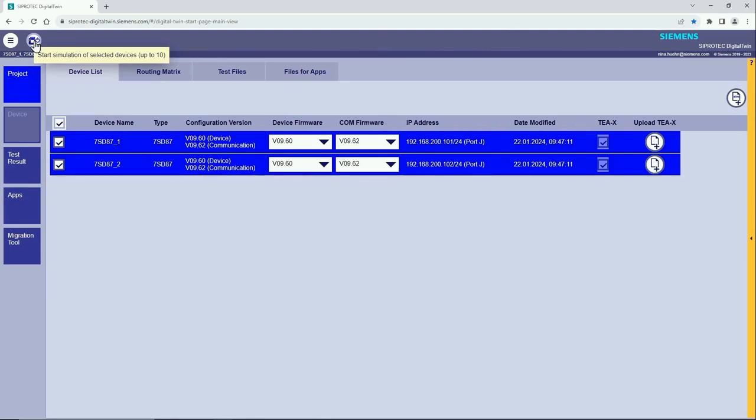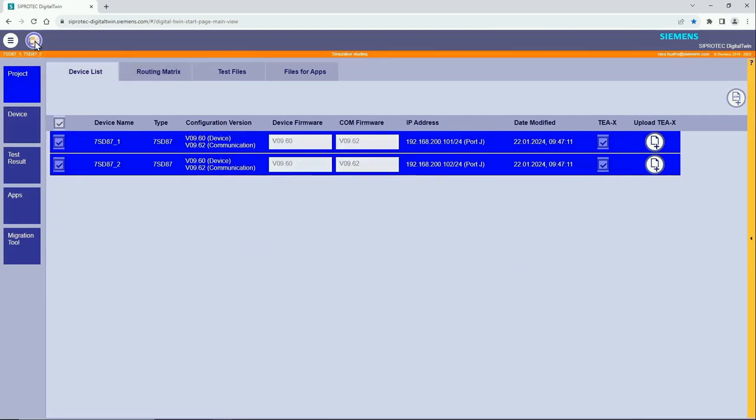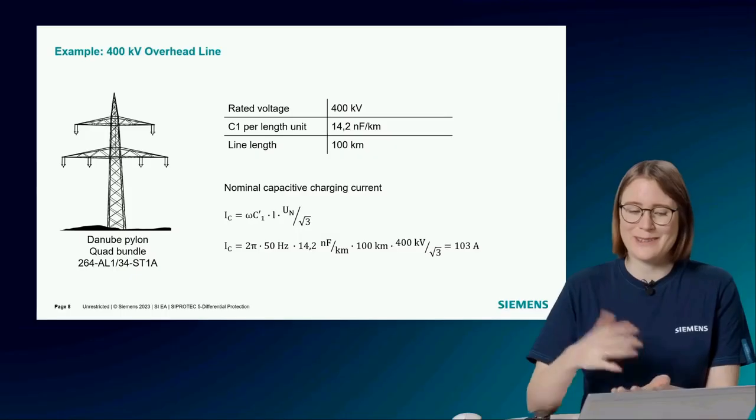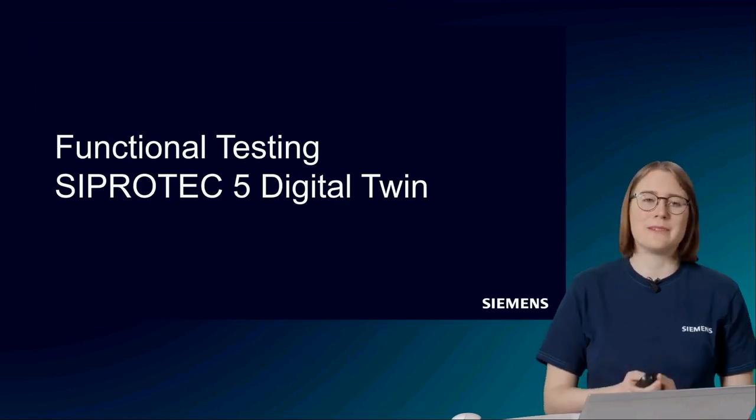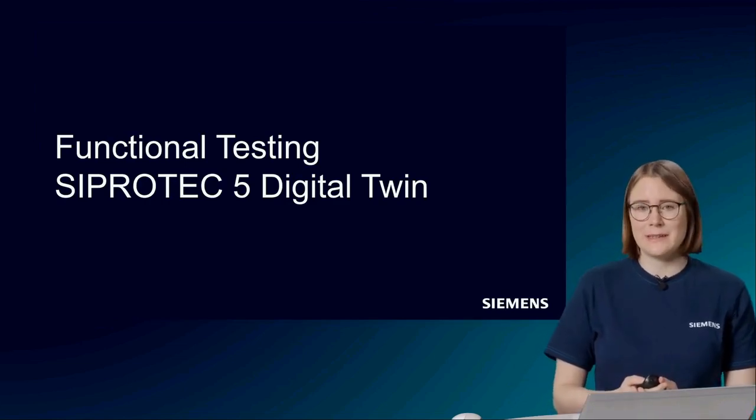In the meantime, I would like to explain to you with some slides what we are planning here in the next part of this session. So we come now to the part functional testing, SIGRA 5 digital twin demo.